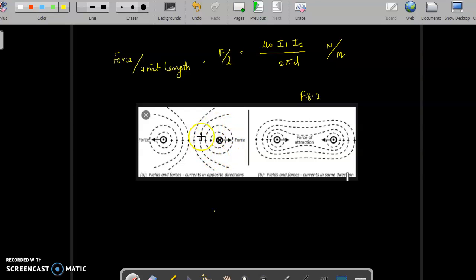You can also use the right hand screw rule. With this field direction, we can identify how strong the magnetic lines of force are between the conductors, which helps us identify whether the conductors experience attraction or repulsion when they carry current in the same and opposite directions.